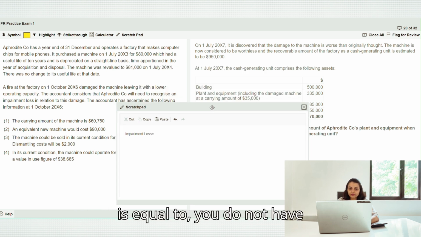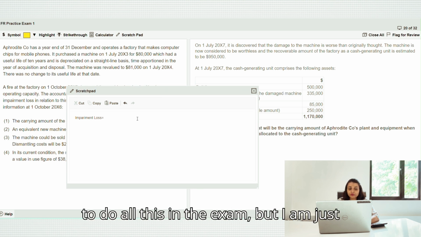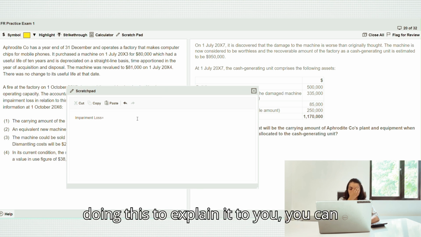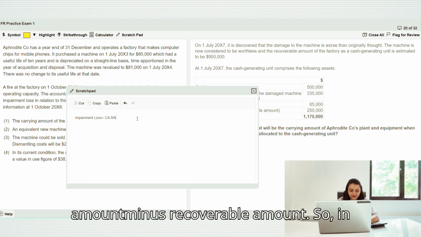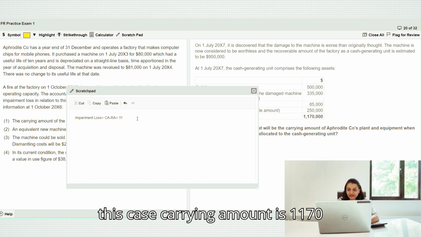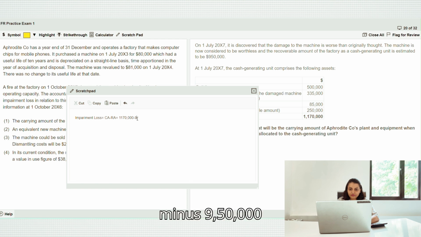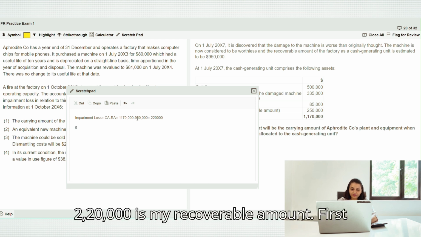You don't have to do all this in the exam, but I'm just doing this to explain it to you. You can do it simply on a calculator. Impairment loss is carrying amount minus recoverable amount. In this case, carrying amount is 1170 minus 9,50,000, which is equal to 2,20,000.